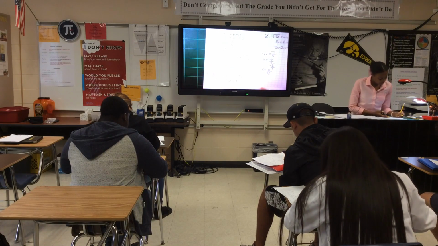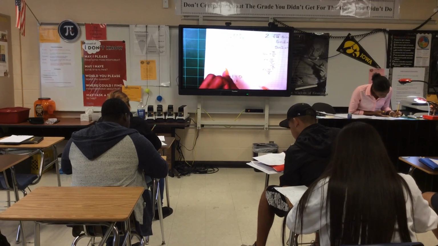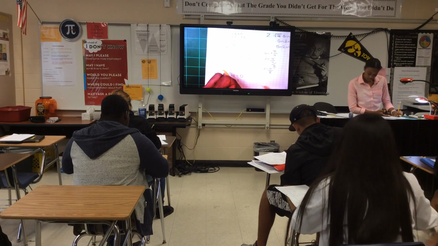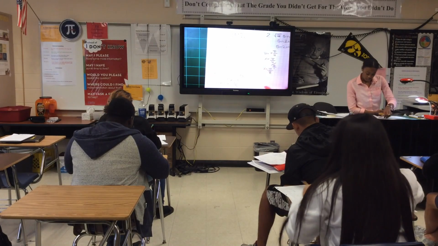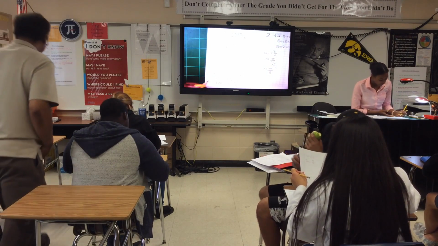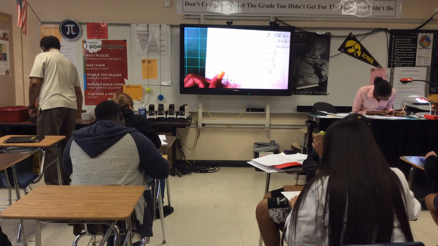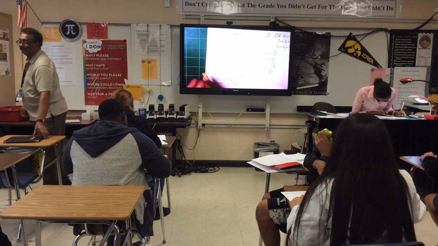And then you will divide it by 3, so cotangent squared x equals 1 over 3. And then you will have to square root it to get the cotangent x by itself.